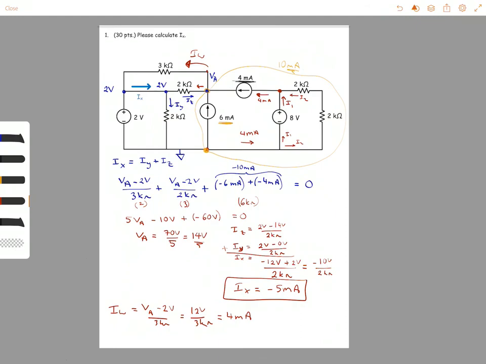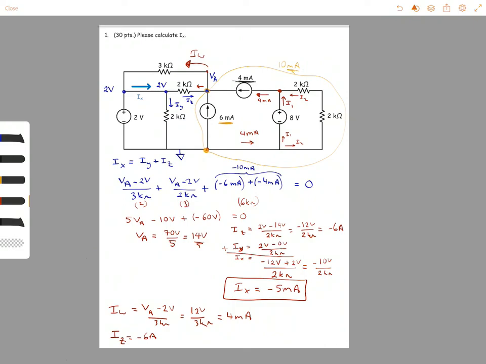And IZ was, from up here, minus 12 volts divided by 2 kilo ohms, that is equal to minus 6 milliamps. So if IZ is minus 6 milliamps, the current leaving node VA will be minus IZ.